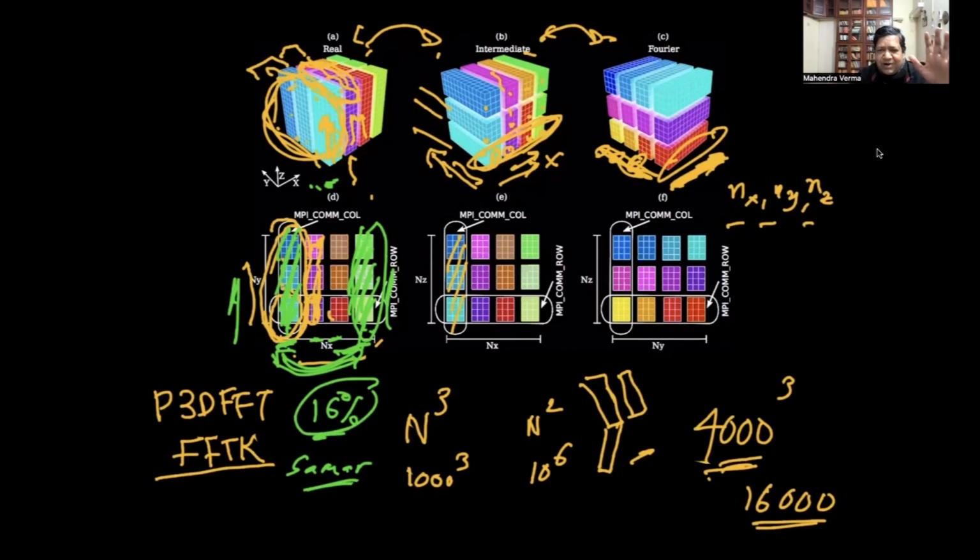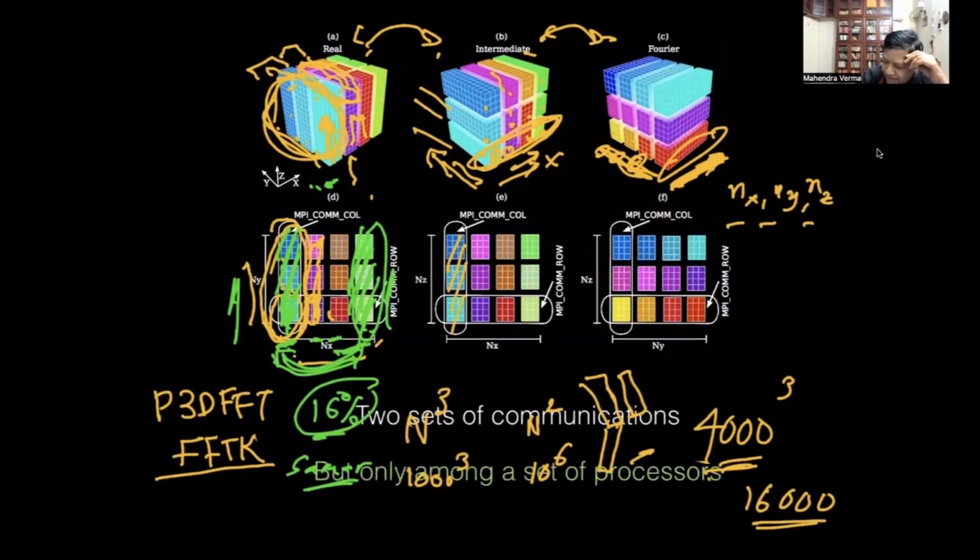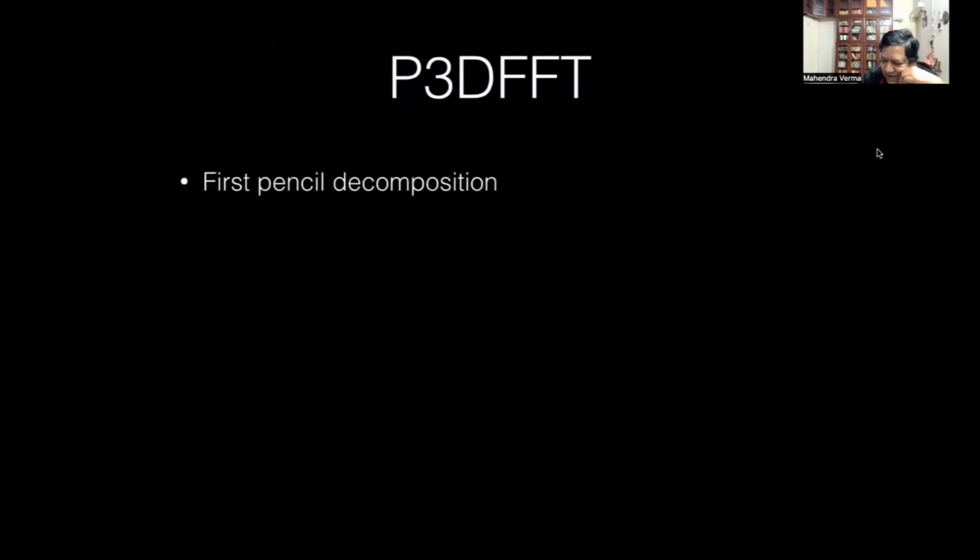Anyway, the bottom line is that if you have more processors, then you should use pencil. And all these arrangements are available with MPI.